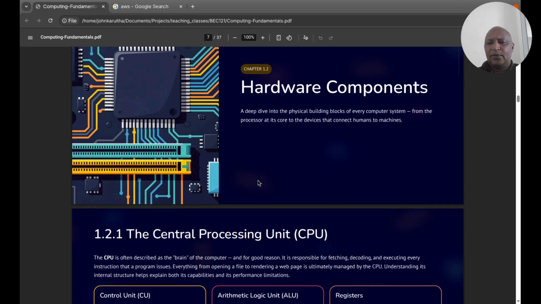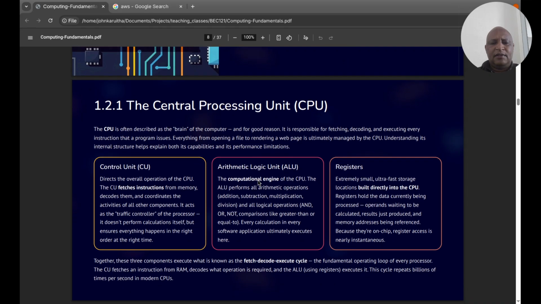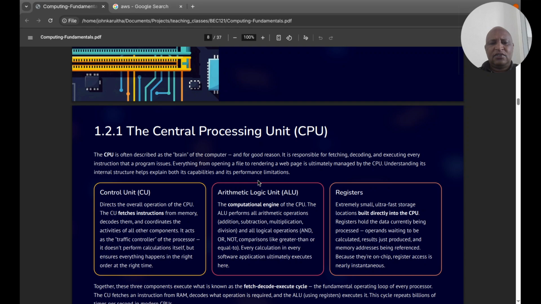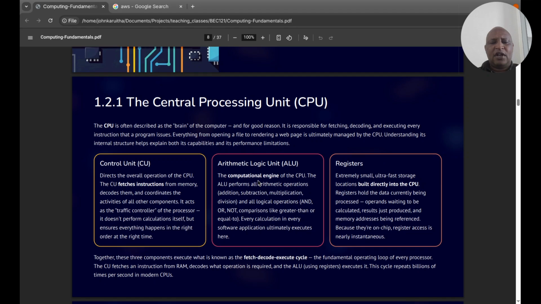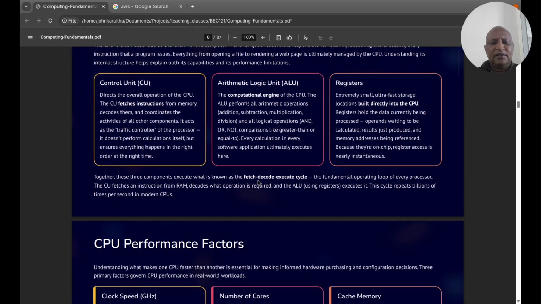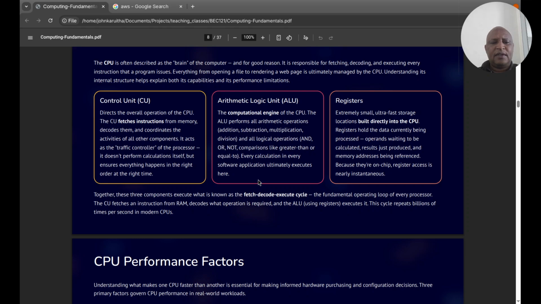Next, we are going to look at hardware components. Hardware, we just looked at it. These are the physical things that you can see and touch. And for a computer, there are basically 3 major components. What we call the control unit, the one that directs the overall operation of the CPU. So it fetches the instructions from memory. When you type something, it is the CPU that is going to handle that.